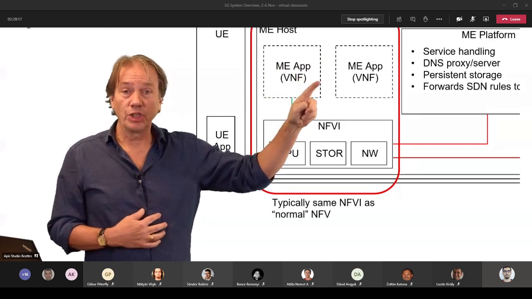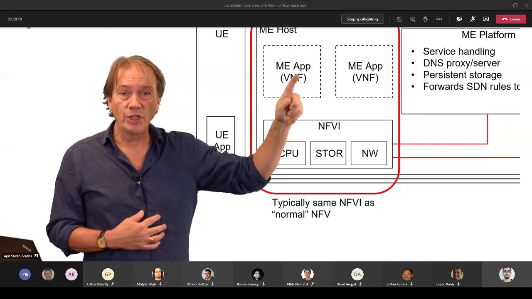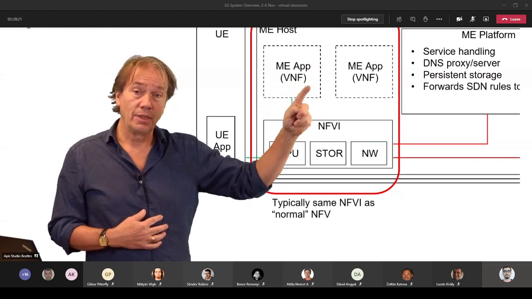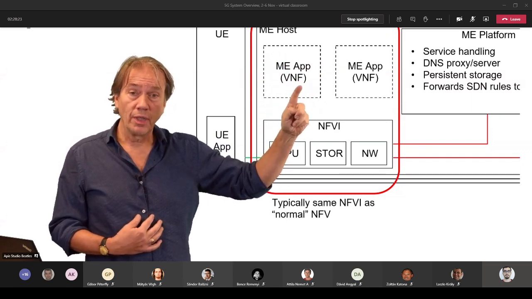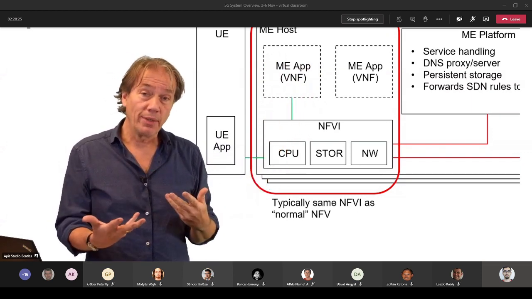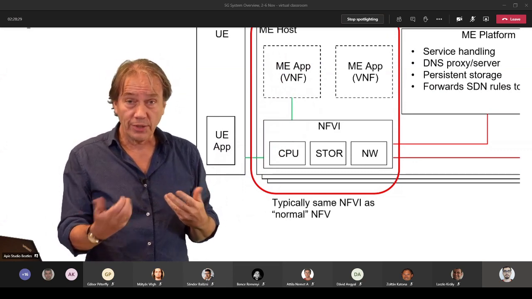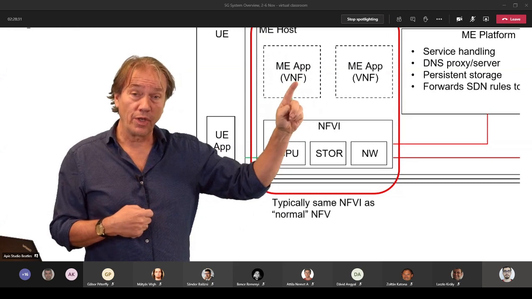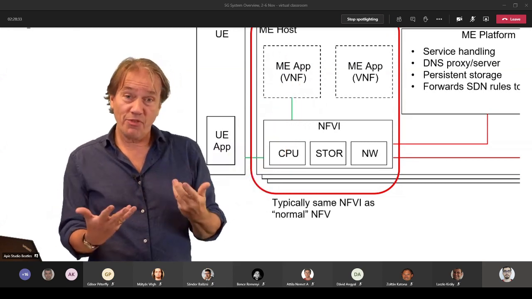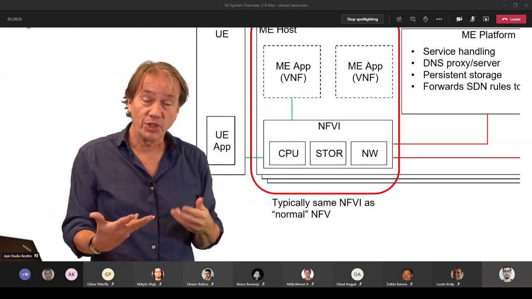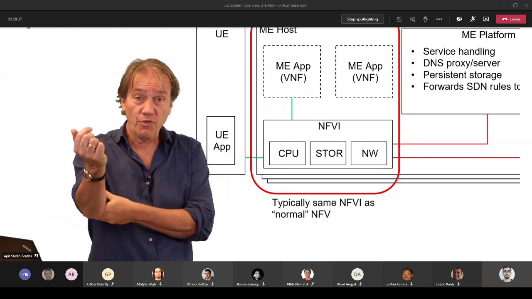we can deploy ME applications, multi-access edge applications, as virtualized network functions, just like we can deploy the 5G core network things as virtualized network functions. Remember, AMF can be a virtualized network function. SMF can be a virtualized network function.